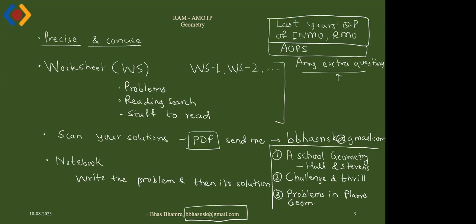And in Challenge and Thrill, there are so many questions. So you try to work on them, and you try to get the idea. If it is obvious, don't work it out in your book, to save time.